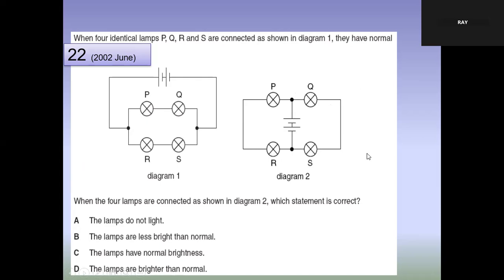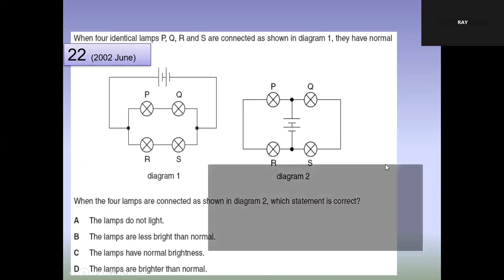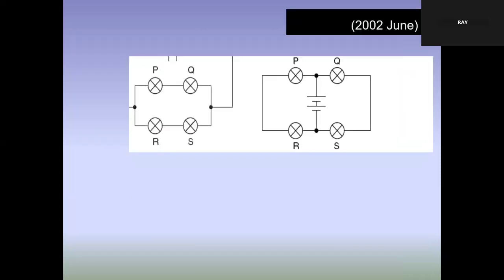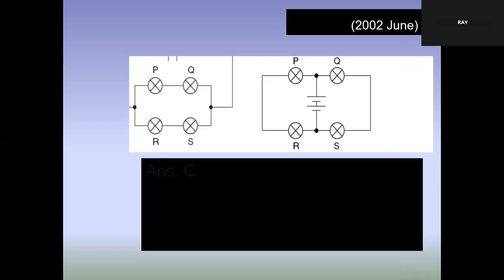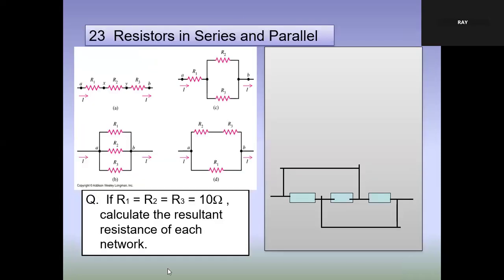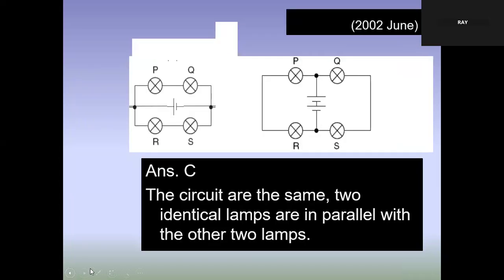You can take it out if you want to. It's the same thing. Answer is C. Lamps have normal brightness. Circuits are the same, right? Can redraw that. It's almost the same thing as that.